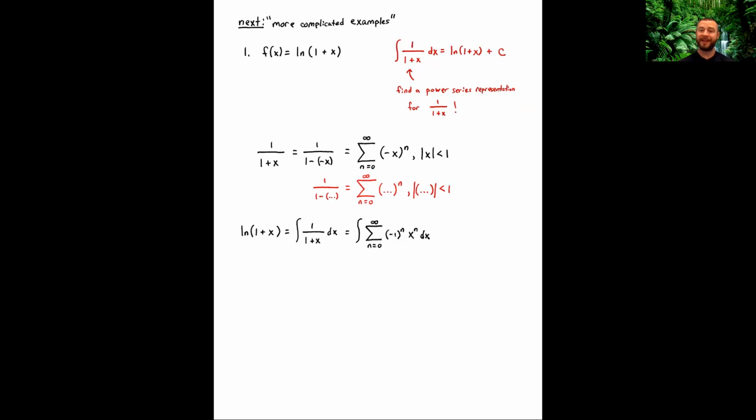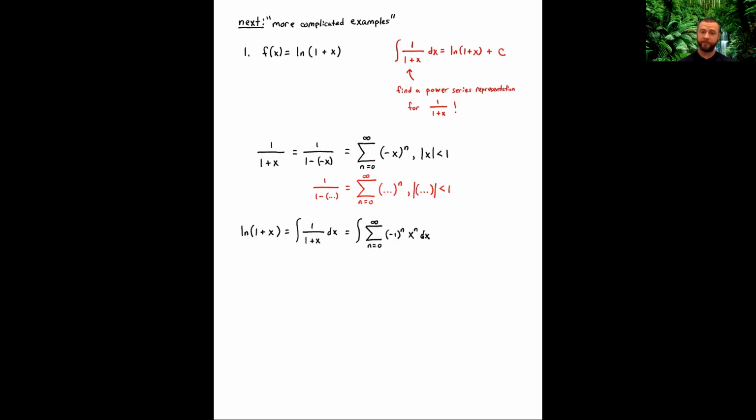Okay, how we connect this back to our term-by-term differentiation and integration theorem is we have a power series now for 1 divided by 1 plus x. What we want to do to get our function, natural log of 1 plus x, is integrate that function, 1 divided by 1 plus x.